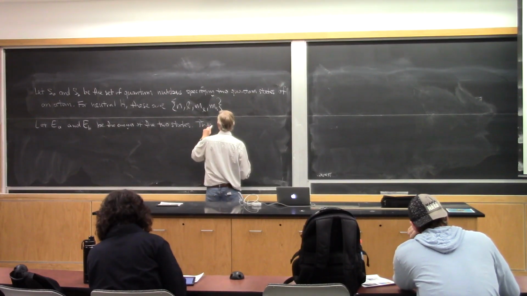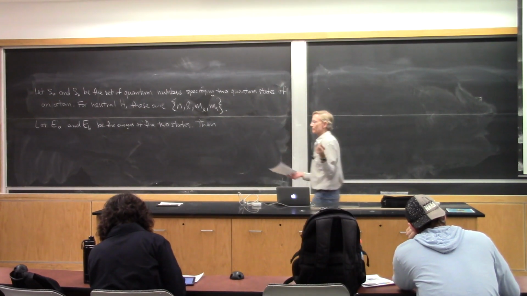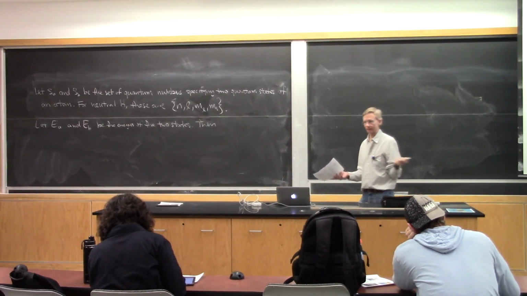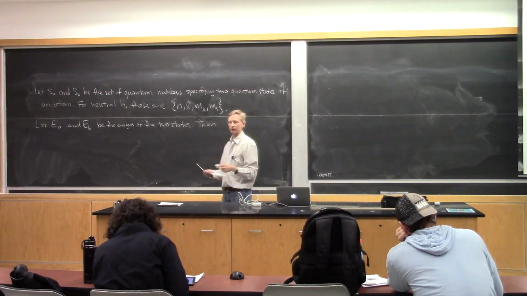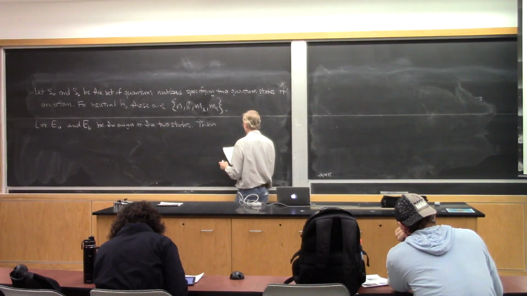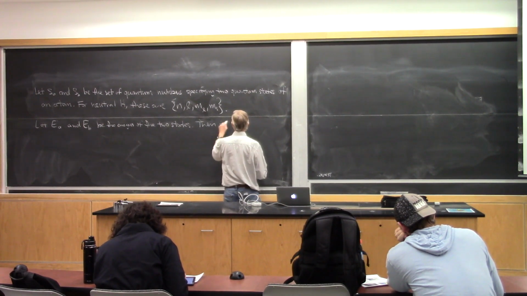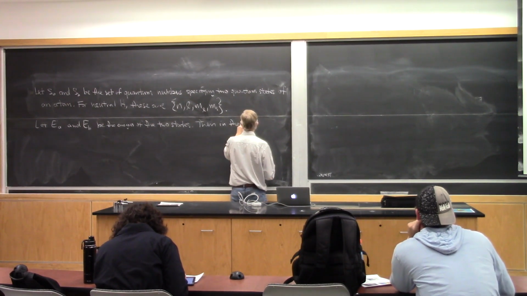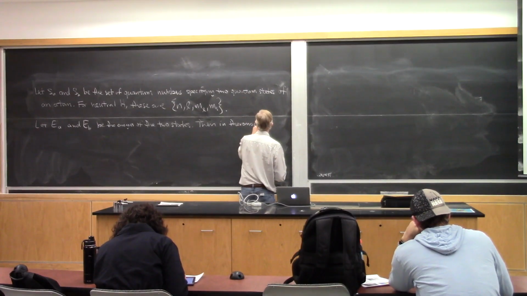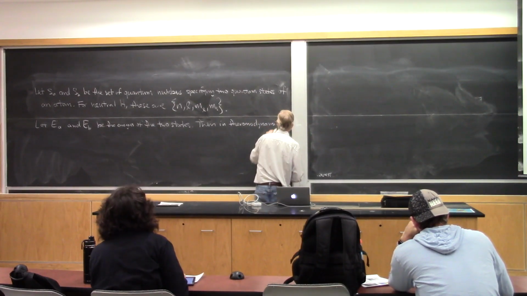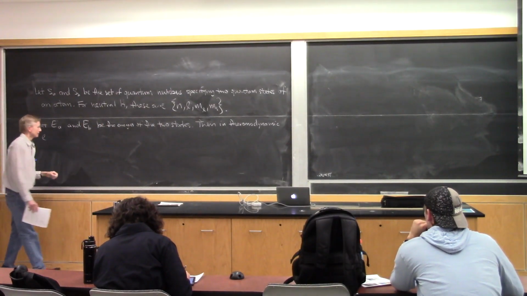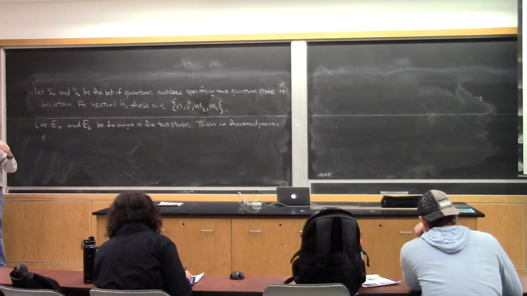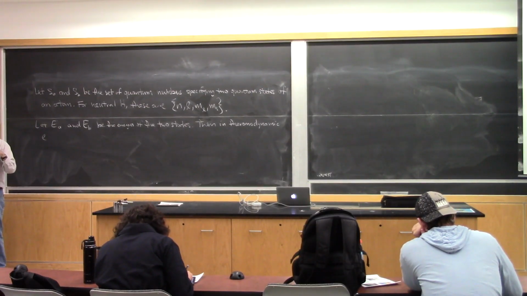And then I'm just going to assert this. In Stat Mech, you can see why this happens. Physics 320 could show you why this happens, but I'm just going to assert that this is true. Then in thermodynamic equilibrium, which means that nothing changes, individual atoms might jump between energy levels, and that's constantly happening.